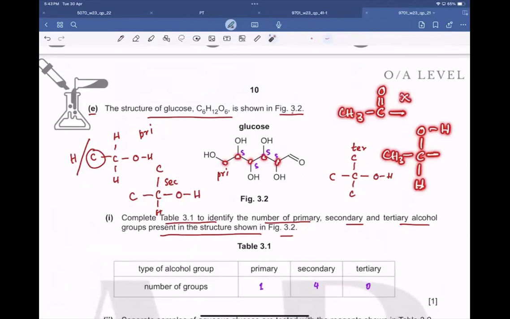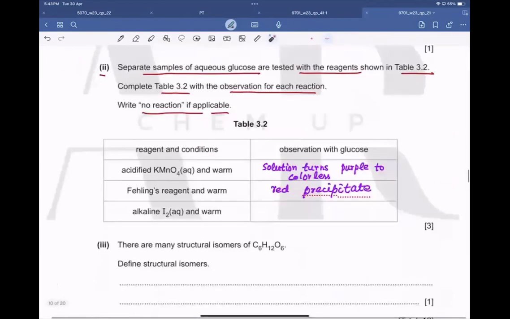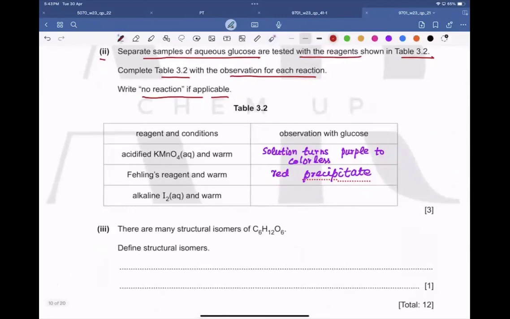So it means neither this one nor this one is present. So it's an iodoform test, right? Alkaline iodine and warm. So we are going to write no reaction. Yeah, alkaline iodine is the reagent for the iodoform test.